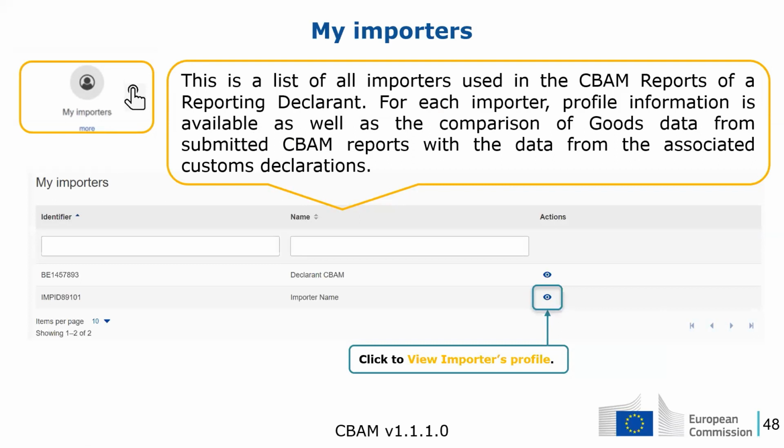This is a list of all importers used in the CBAM reports of a reporting declarant. For each importer, we can see the profile information, as well as the comparison of the goods data from the submitted CBAM report with the data associated from the customs import declaration.